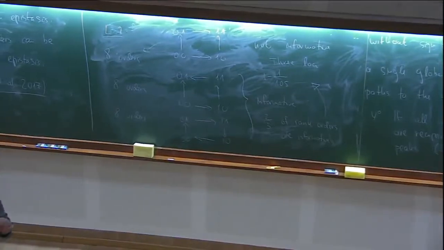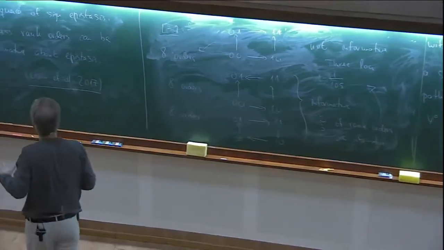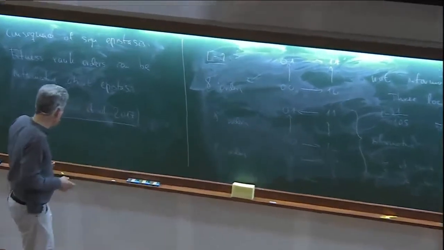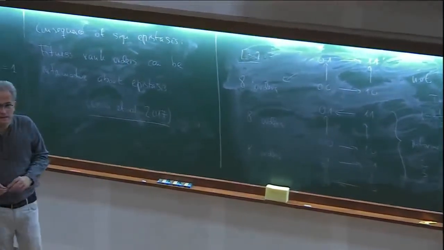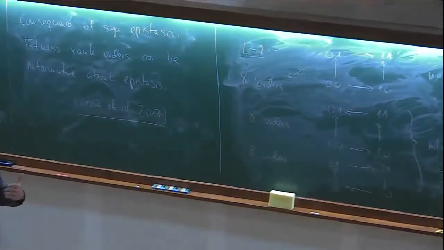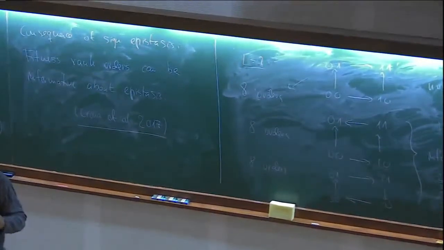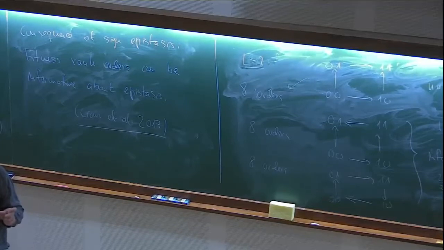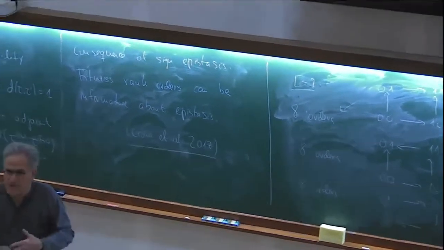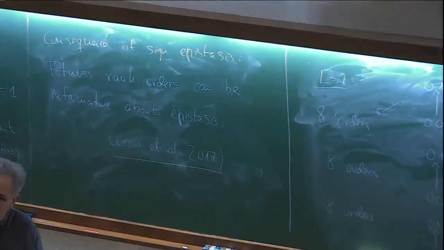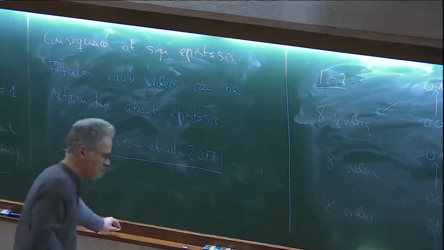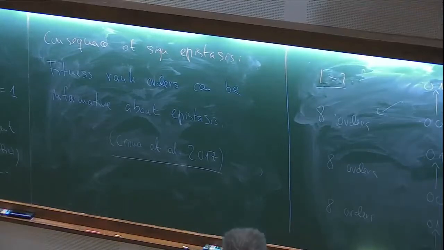But then, of course, what they also do in this paper is, because, as I mentioned yesterday, people are very much interested in high order epistasis, you can ask what rank orders tell you that there is epistasis of the highest order. There is some condition for that, and I think I actually wrote down that number as well.